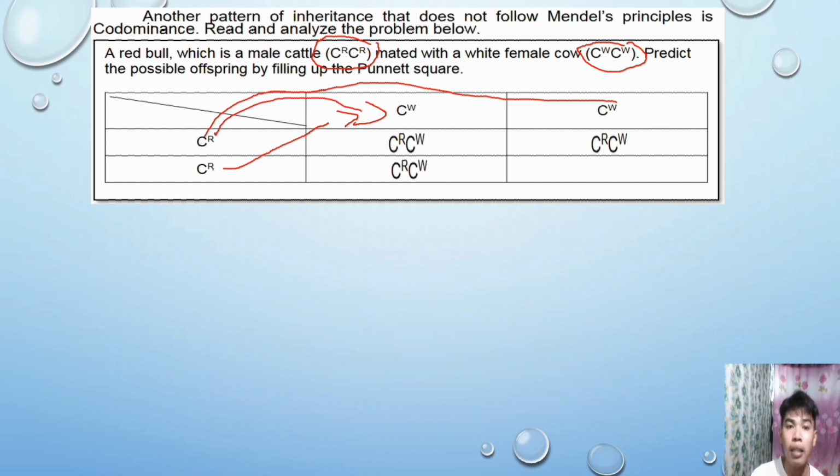And again, this allele with this allele results in another roan cow. So as we can observe, the cross between the red male cattle and the white female cow results in a roan cow.